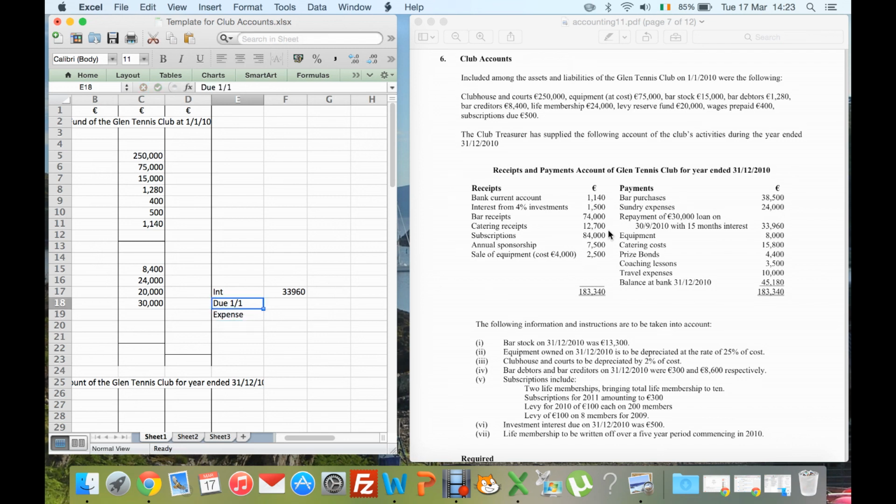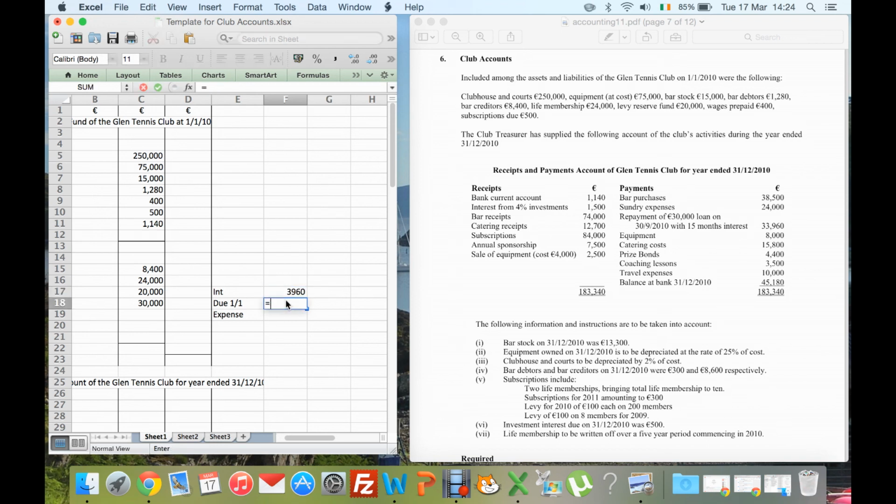So we look at the date we paid it. So we paid on the 30th of the 9th with 15 months interest. That means 9 months is going to be an expense of this year, so that's 9/15ths. And the remaining 9 from 15 is 6, so 6/15ths is going to be due at the beginning of the year. So the interest, no mistake there, is 3960.